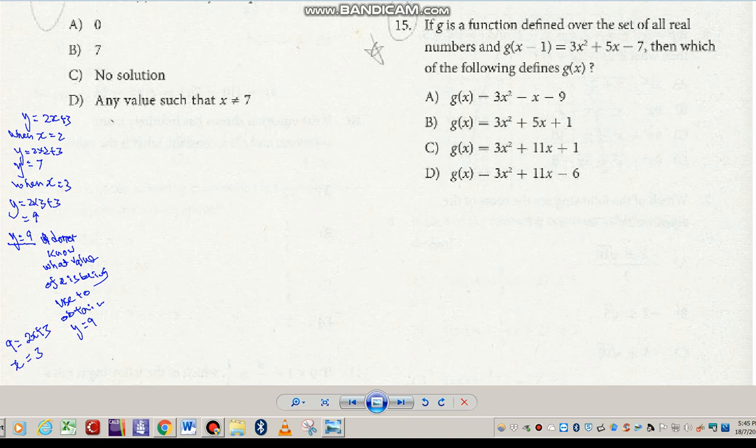Now we are going to look at a function. Function is f(x) equal to; it's just a symbol used to replace y, but this symbol requires the x value here to be replaced by the actual value. What does it mean? It means when I want to make this f(x), which is actually y, become 11, I must write what is the x value being used to make this function equal to 11.